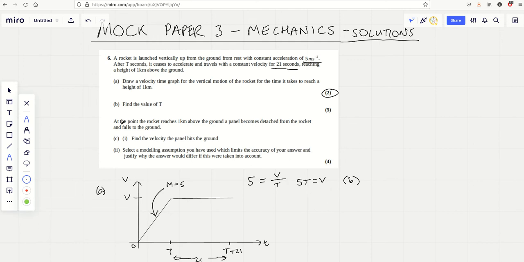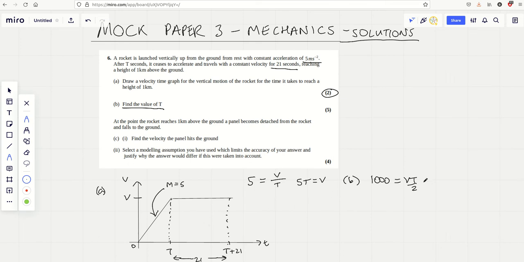Now, that's really useful for finding the value of t, because we know that the distance underneath is 1,000. Remember, you must have it in meters. So all I've got to do now is say 1,000 equals, well, it's going to be Vt over 2. Yeah, that's just this area here. That would be V times t over 2.